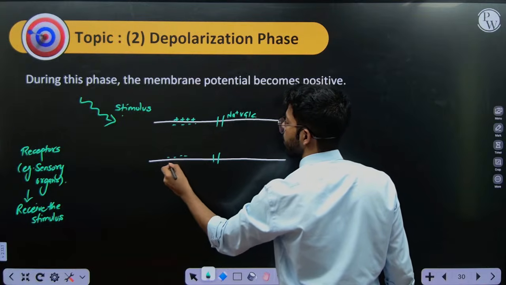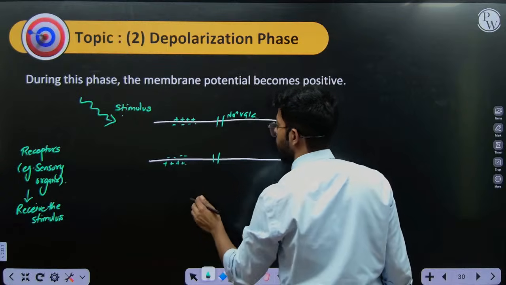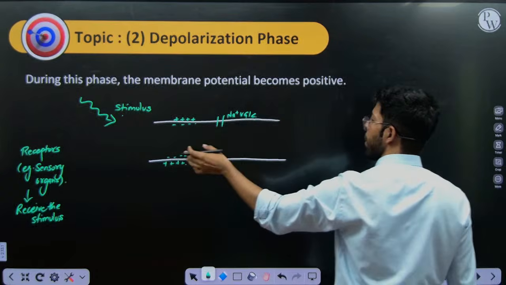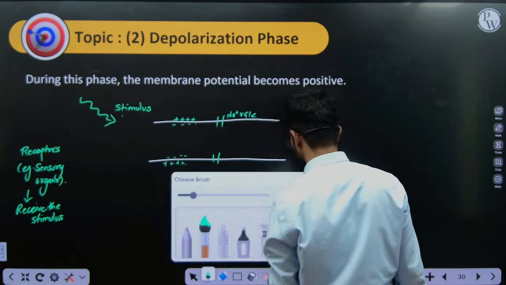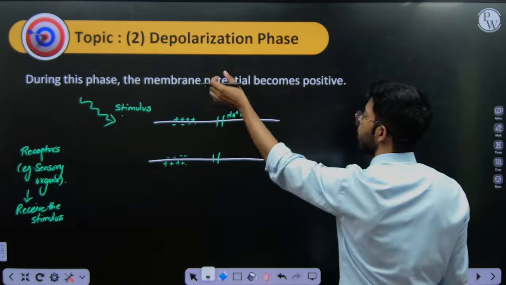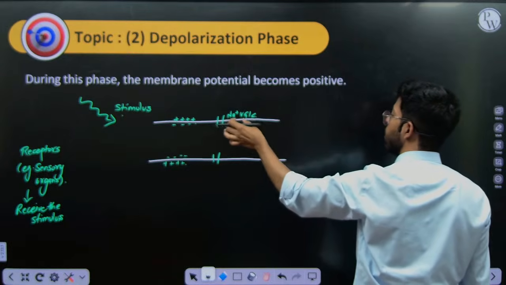This is the resting membrane potential. But when a neuron senses the stimulus, it starts opening the sodium ion VGICs.